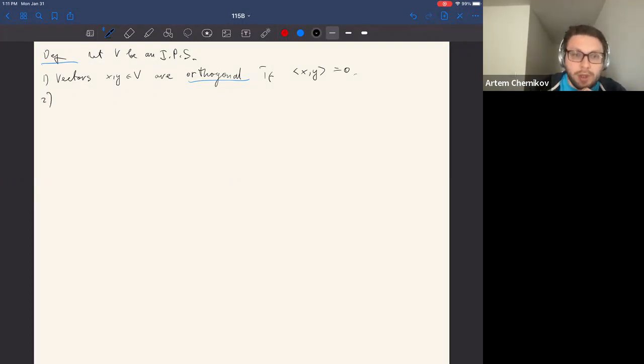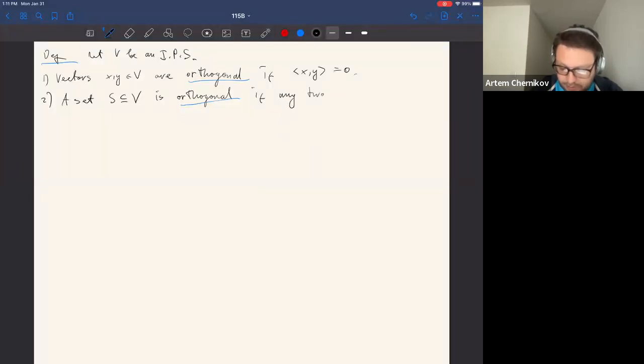Now two, we can also talk about orthogonality for a set of vectors. So a set S of vectors in V is said to be orthogonal if any two distinct vectors in S are orthogonal.